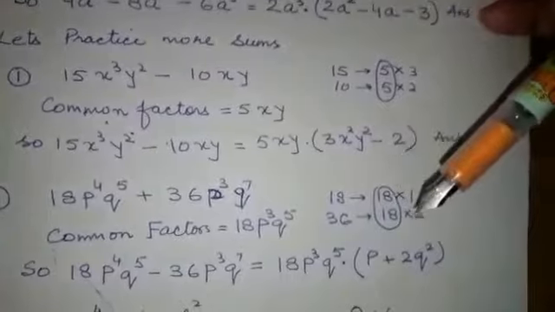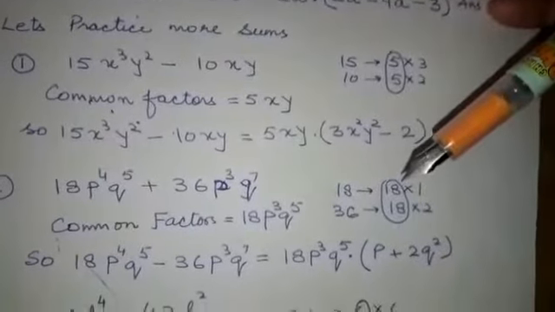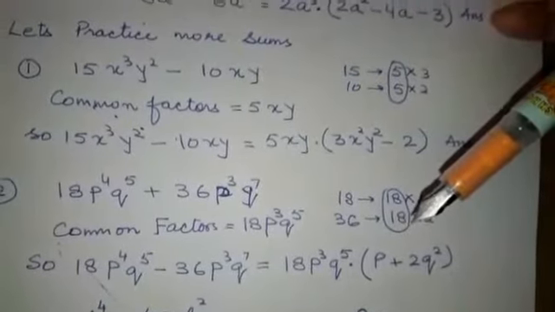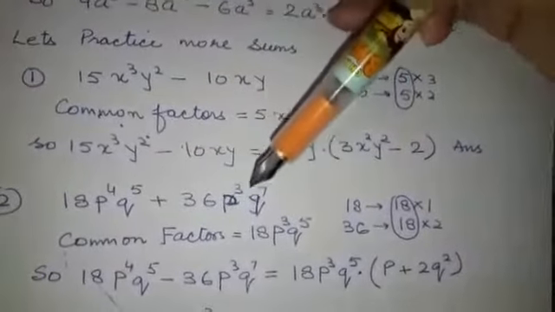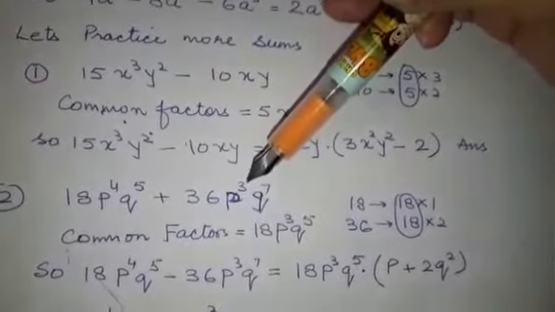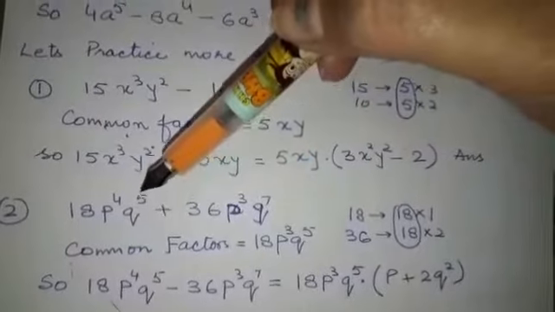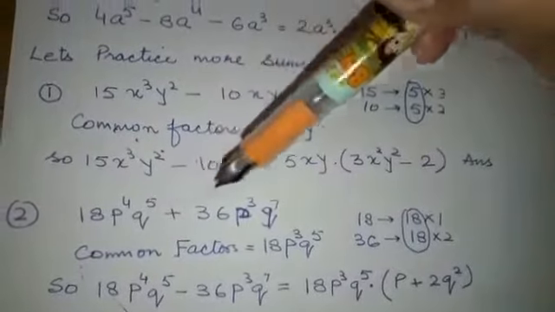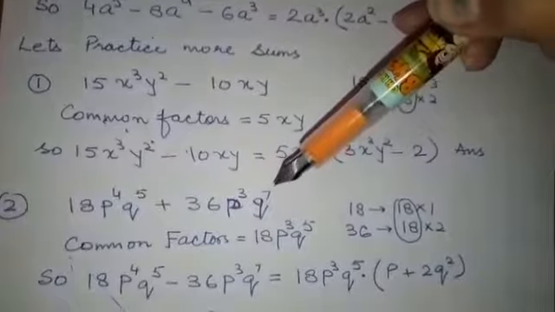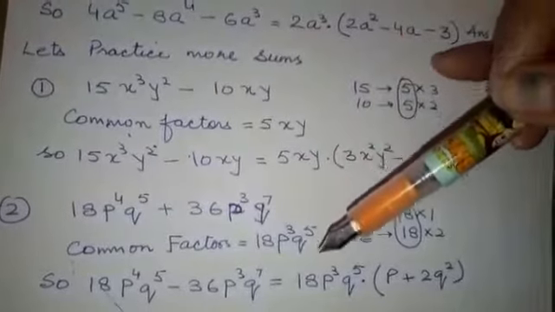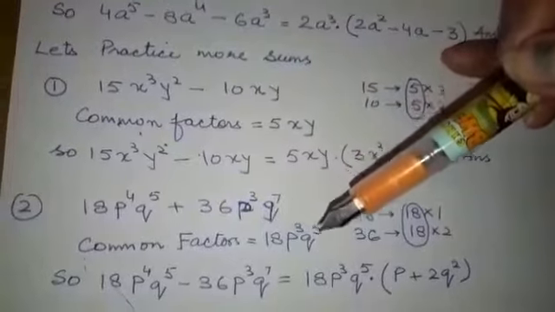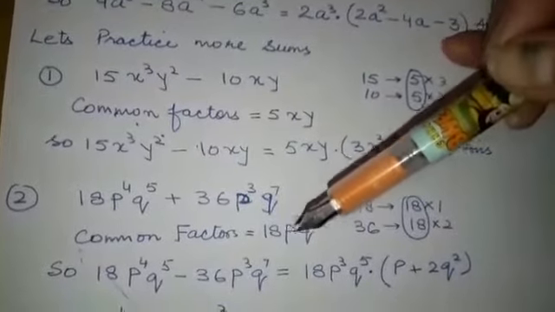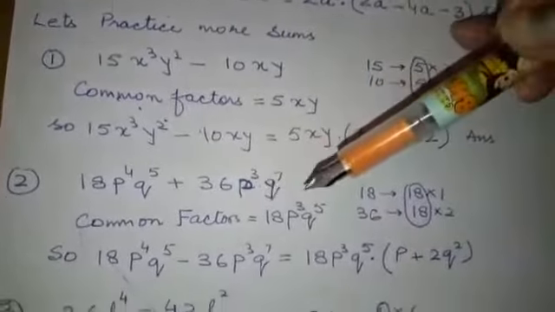Let's see what is common here. We get 18 as a common factor, and the lowest power of p, check here, we have p raised to the power 3 as the lowest power, and among q raised to the power 5 and q raised to the power 7, q raised to the power 5 is the smaller power. So 18 p raised to the power 3 q raised to the power 5 becomes your common factor.